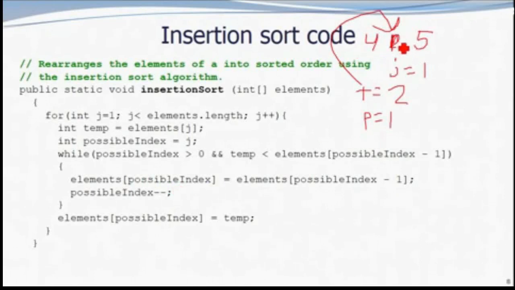So 2 becomes 4. And we subtract 1 from possible index. We go up. Possible index is no longer greater than 0. So the element at possible index, which is 0, now equals temp, which equals 2. Changing this 4 into a 2. We have now sorted the first two numbers in our array. 2, 4. And then the next one can be 5.